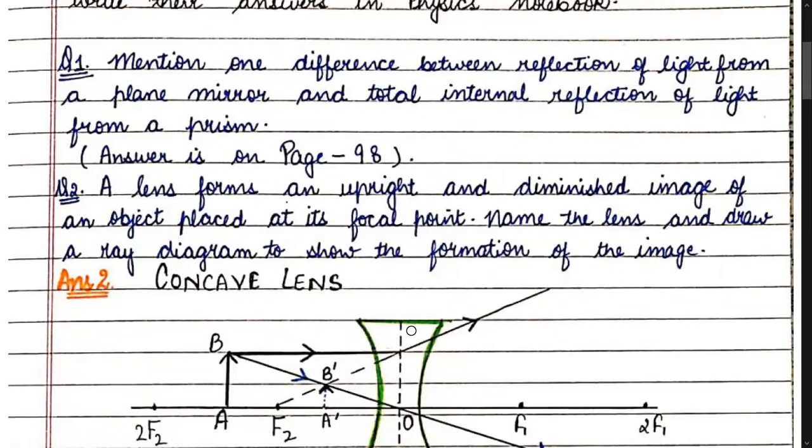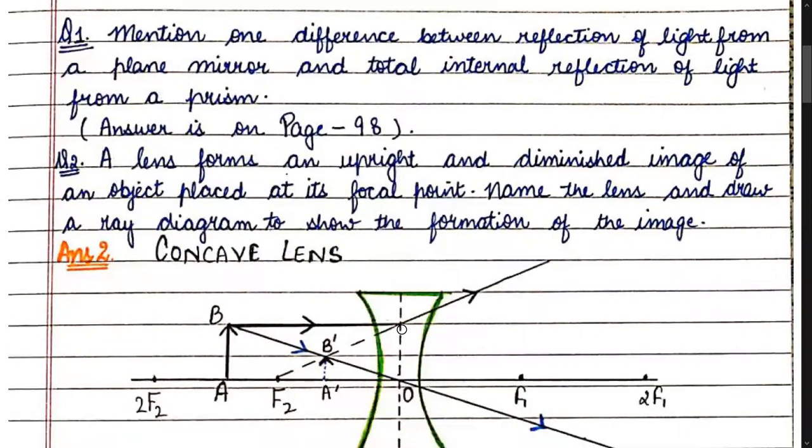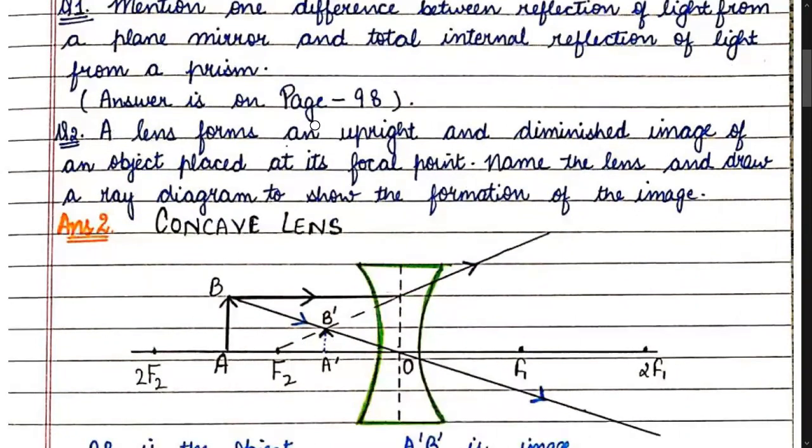Question number 1 is, mention one difference between reflection of light from a plane mirror and total internal reflection of light from a prism. So children, for this, you can find the answer on page number 98 of your physics textbook.